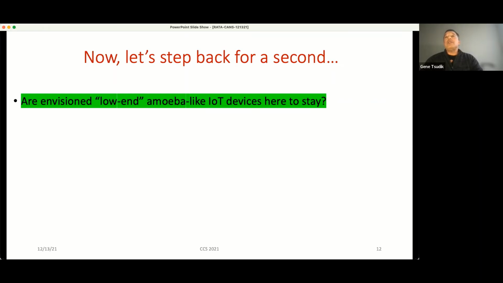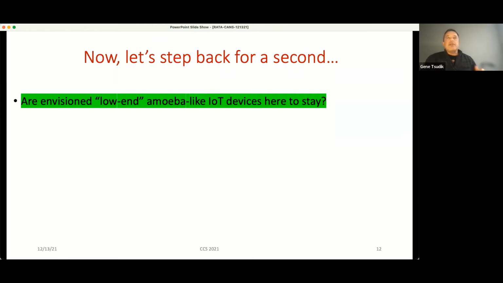And so the natural question is, are these devices here to stay? Are they going to be here 5 years from now, 10 years from now? Are we going to have these kinds of edge devices that are simply incapable of hosting an operating system or a hypervisor or running a trusted execution environment, like an ARM TrustZone or some micro version thereof?